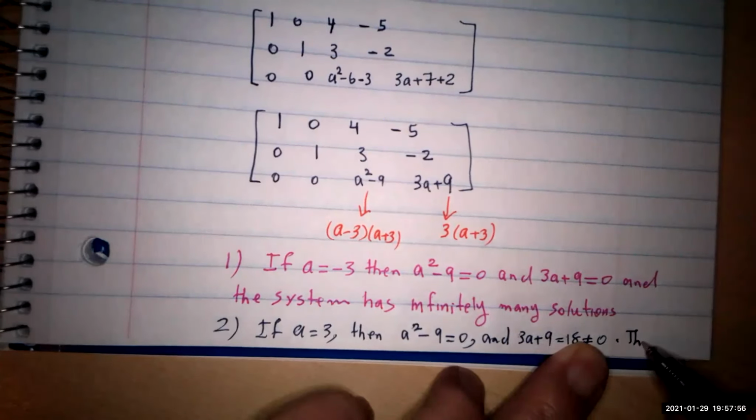We arrange it so that we get 0 on one side of the equation, but a non-zero number on the other side. So this is the situation where you are going to have no solutions. But when are we going to have a solution? If you go back and check, you have to exclude these possibilities.